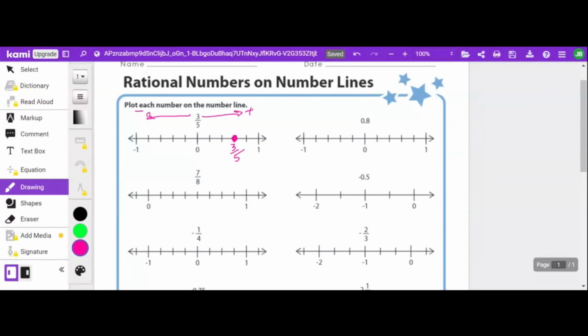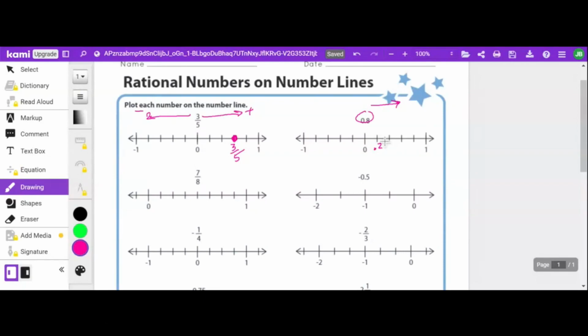Okay. Then we have 0.8. This is also to the right, exactly, because it is a positive number. So it's going to be to the right. And this is in decimal form. These are still fifths, but in decimal form, fifths are 0.2.